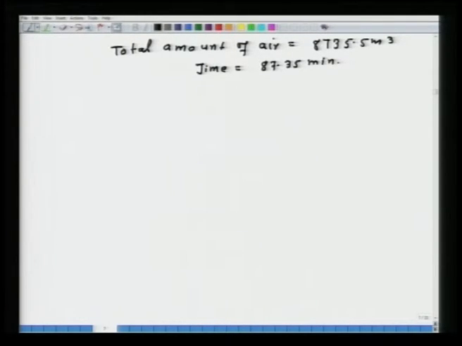Then we are required to calculate time for blister copper formation.